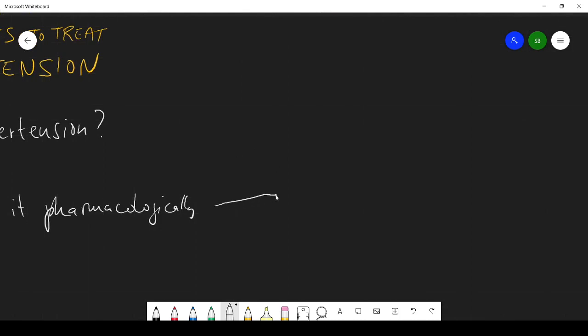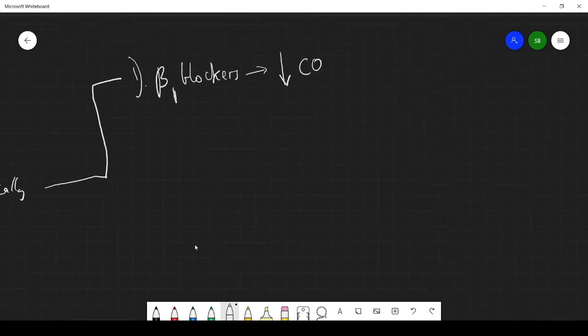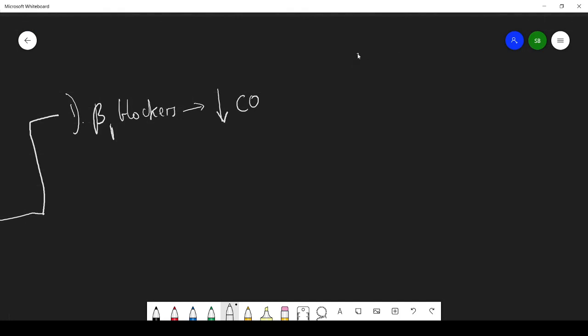Well, there are three ways of doing that. One is you can use beta blockers, so these are beta 1 blockers, to reduce cardiac output. If you imagine an oversimple model of the vascular system, a heart as a pump, and I know it's a double system, but you could almost model it as a pump pushing a liquid around a system of tubes.